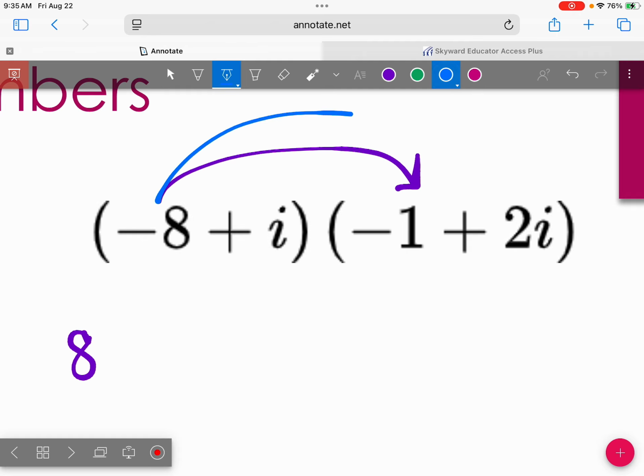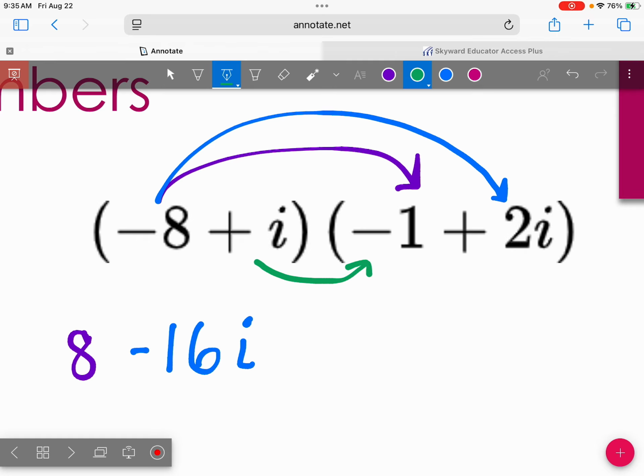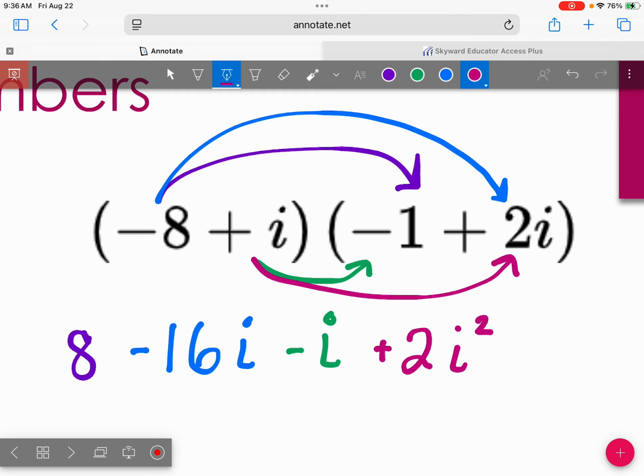Our minus 8 times our 2i, minus 16i. i times minus 1 gives us a minus i. And our i times 2i gives us a plus 2i squared.